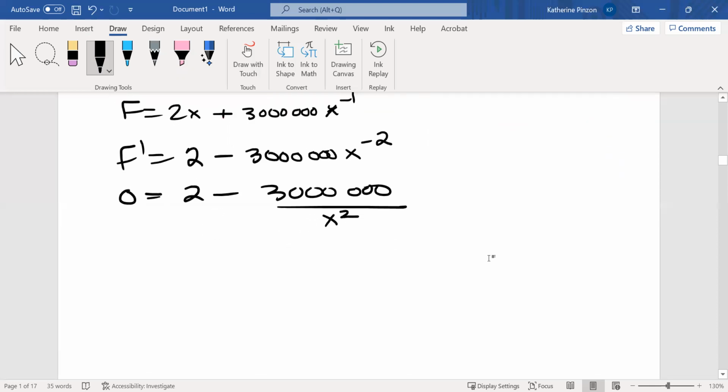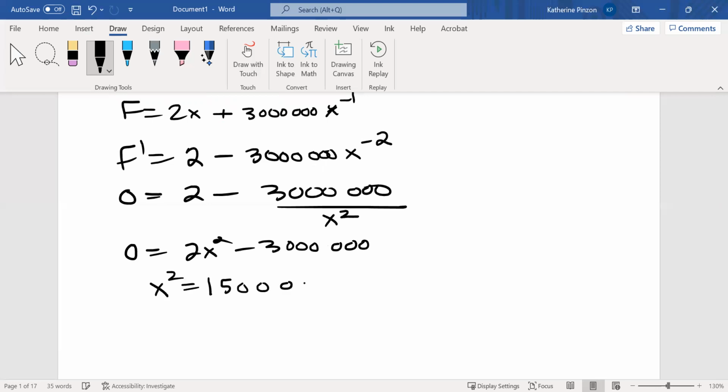Let's multiply every term by x squared. So 0 is 2x squared minus 3 million. Add 3 million to the other side, divide by 2. X squared is 1.5 million. X is square root of 1.5 million.